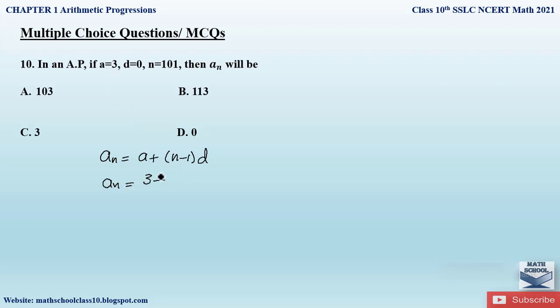It is 3 plus n is 101 minus 1 into d is 0. So an will be how much? 3 plus, what is 0 into something? It will be 0. Therefore an will be equal to 3. So the correct option is option C. This is the direct question where you're using the formula and substituting the values.